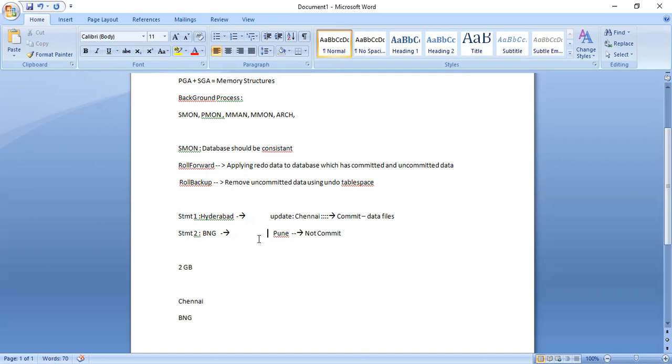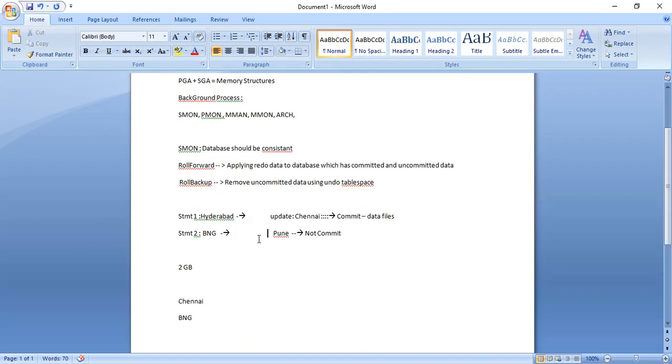Okay, I'm concentrating on this one. In S1, finally we can clear the successful transactions as well as failed transactions. P1, process monitor. SMON is for the whole database recovery, right? Yeah, whole database recovery, correct.